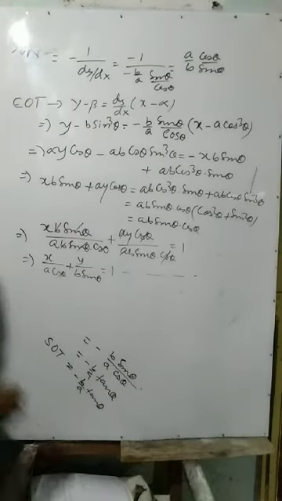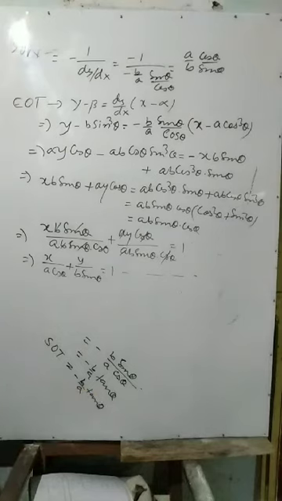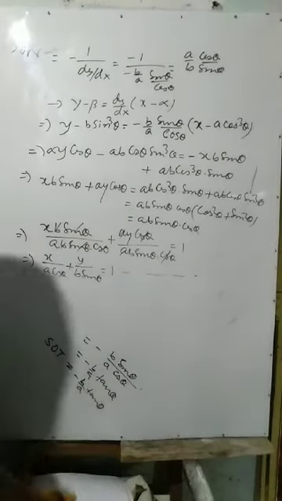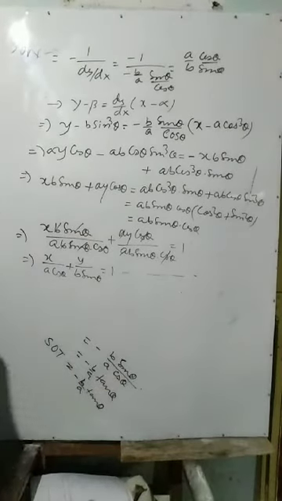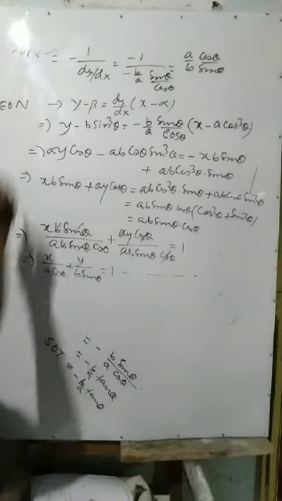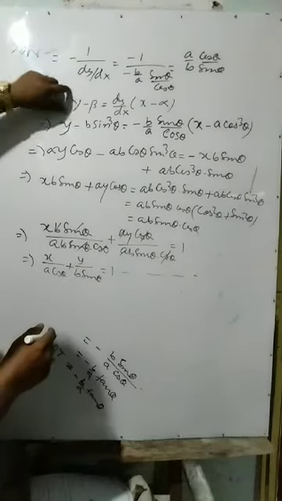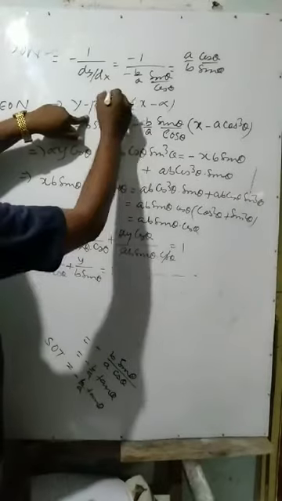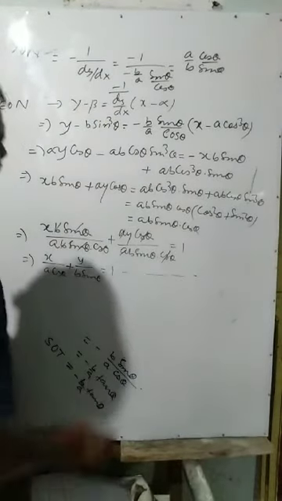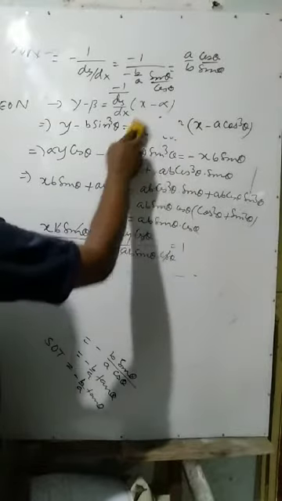Okay, similarly, how to find the equation of the normal? For finding the equation of normal, what change do you have to see? The EON formula is y minus beta equal to minus 1 by dy by dx into x minus alpha. So the change is only this part.